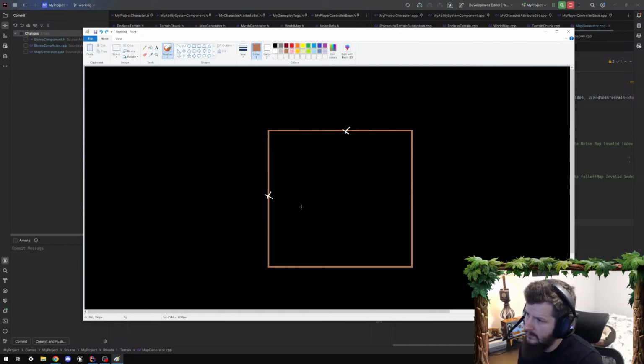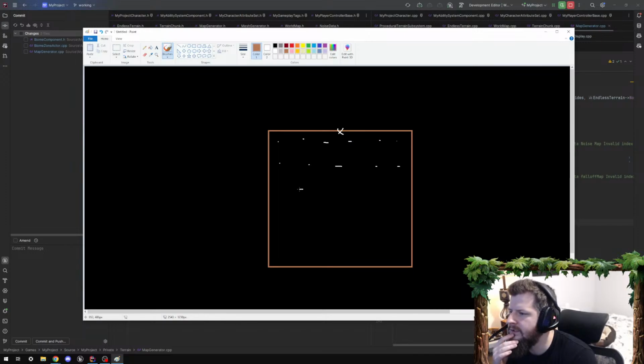For simplicity, we'll start with one. And there's a bunch of vertices in here, 58,081 to be exact.